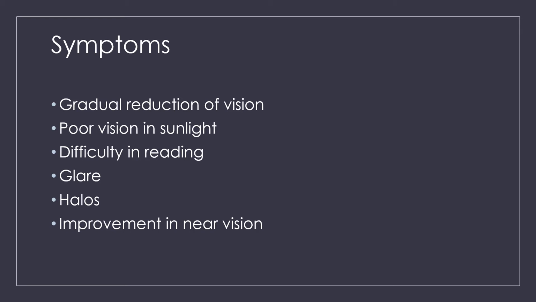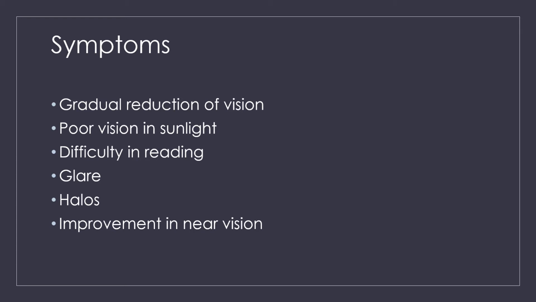Then there is glare, unpleasant feeling when a strong light is shone in the eyes, halos, and lastly, there is improvement in near vision in special situation in which there is nuclear sclerosis.